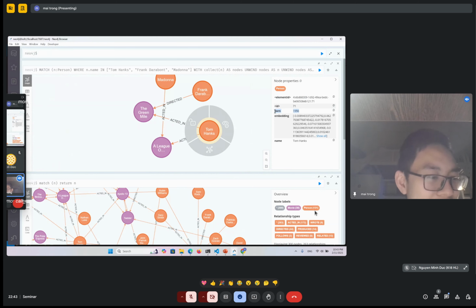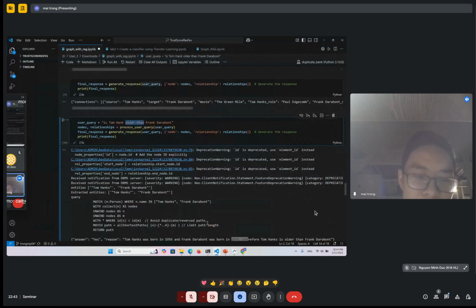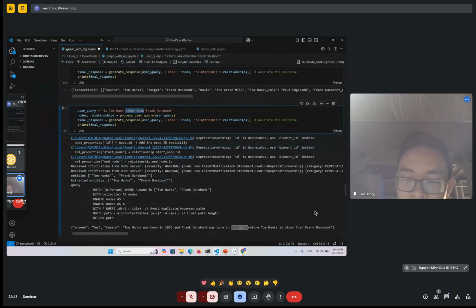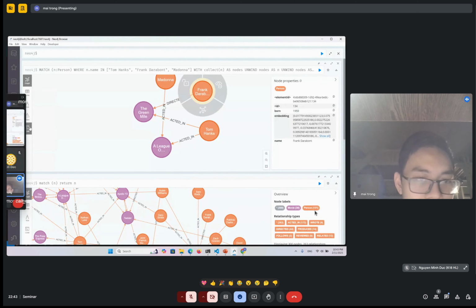Because in this knowledge graph, we only have the born attribute. But how is it still able to work? Well, because I was able to retrieve the connection between Tom Hanks and Frank. And when I pass the information to the LLM, they already got this one.